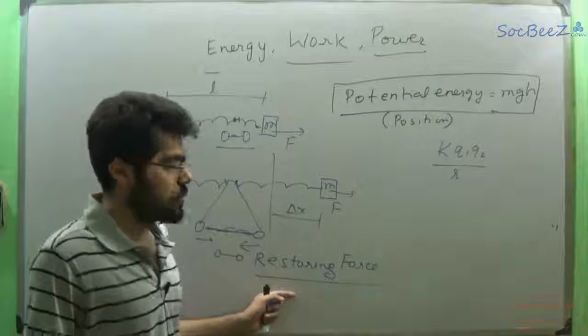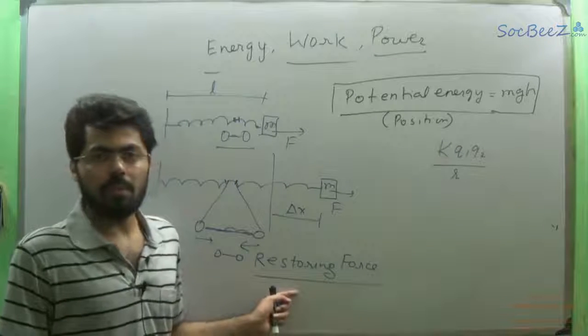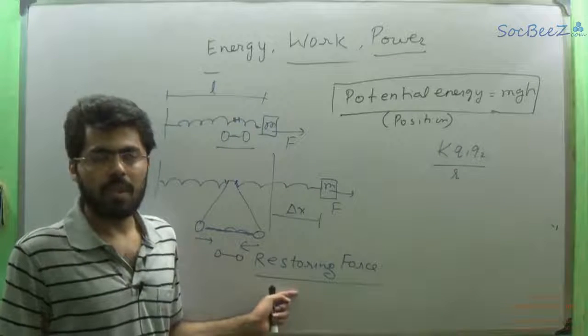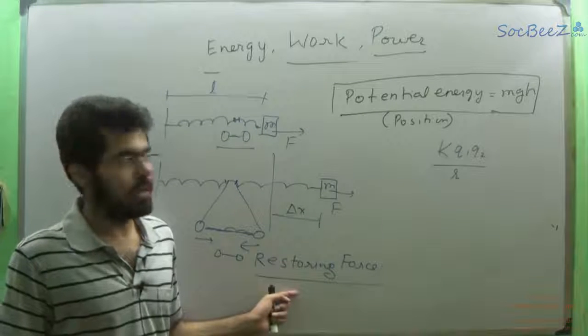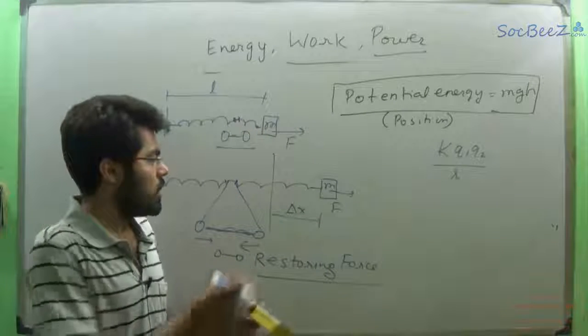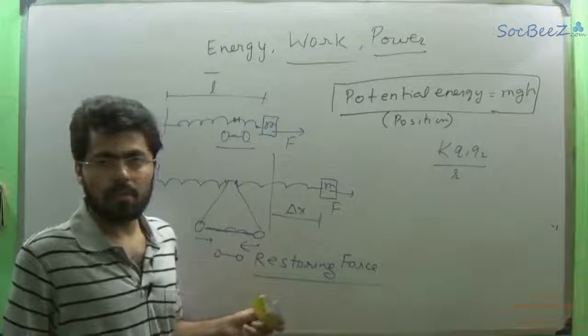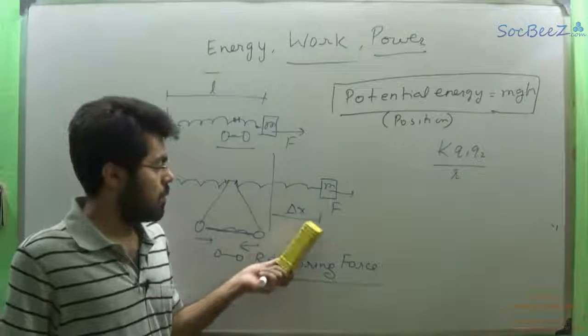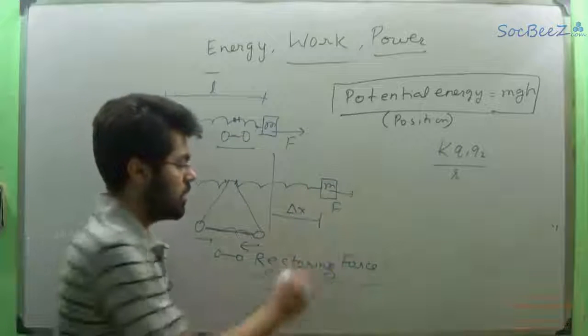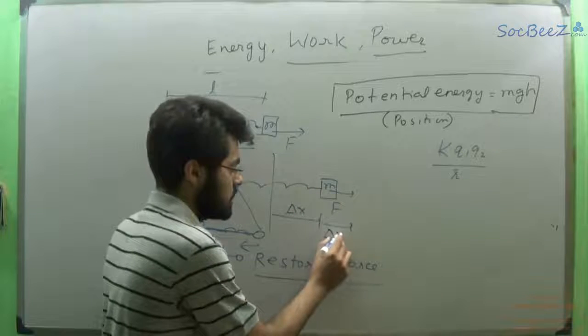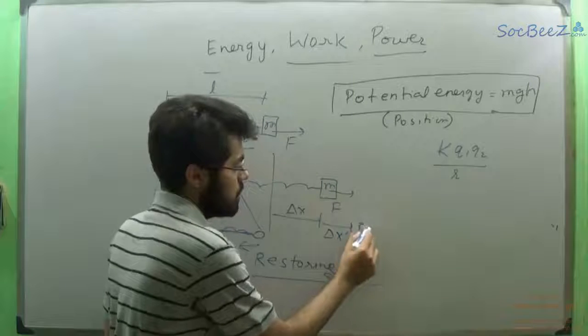Now this restoring force, will it be constant or will it depend on something? You can find that out experimentally very easily. You just try to pull it slightly, delta x, you need to apply force F. If you further want to go beyond this point, delta x dash, you need to apply F dash.